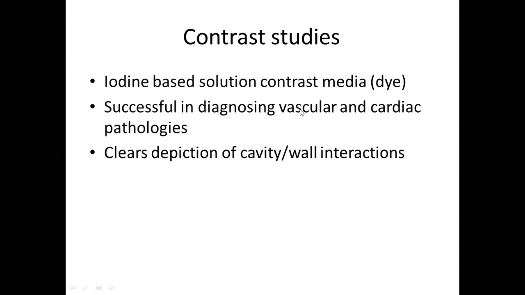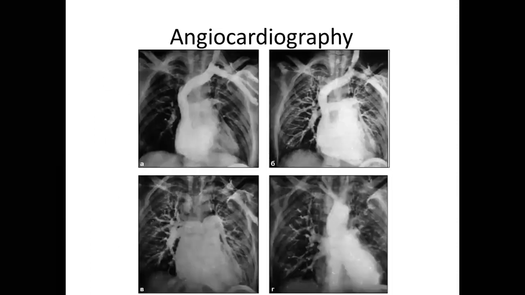They are very successful in understanding the cavity properties and also dynamics of the blood flow and the lumen, like both vascular and cardiac pathology. And it will give us understanding of where is cavity and where is wall. I will explain later on one CT scan.